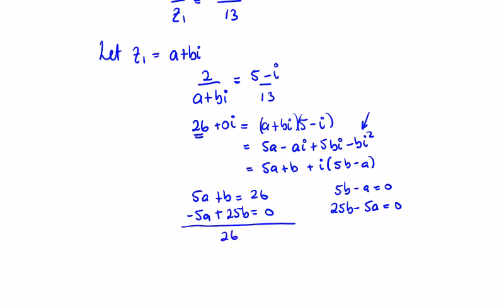So I'm going to get 26b is equal to 26. b is equal to 1. And if b is equal to 1, using this equation, 5 by 1 minus a equals 0. a will be equal to 5. So I'm going to get 5 plus i is equal to Z1.